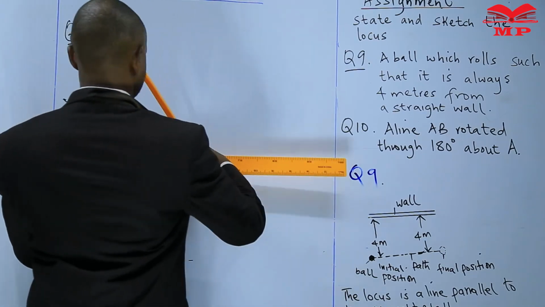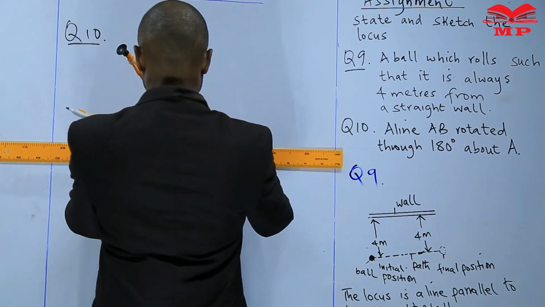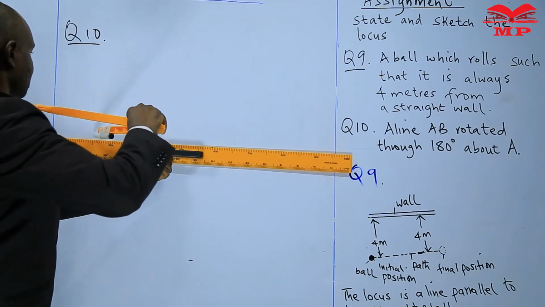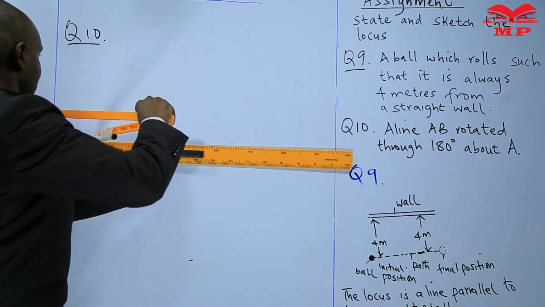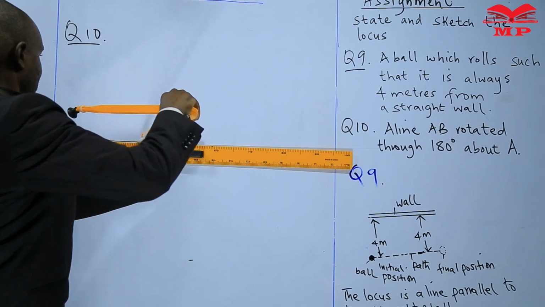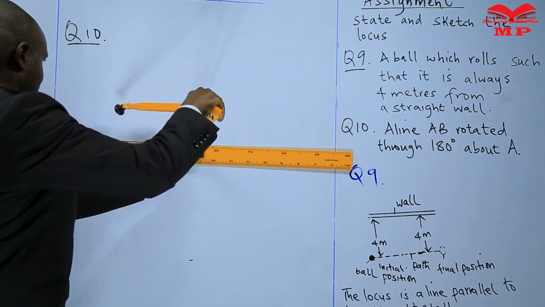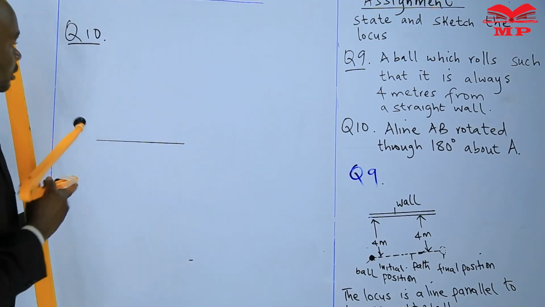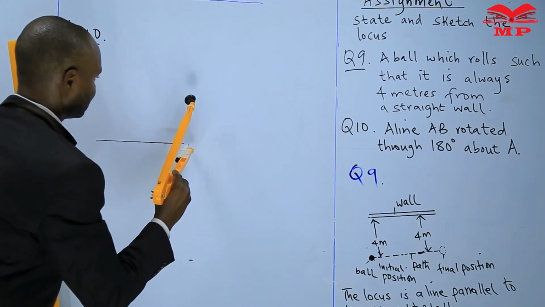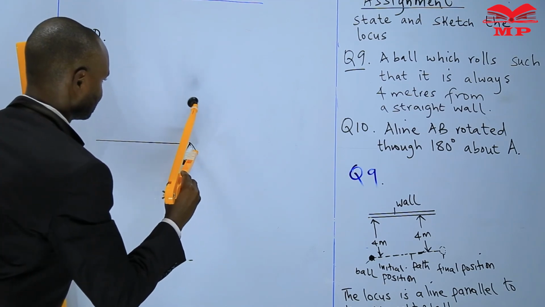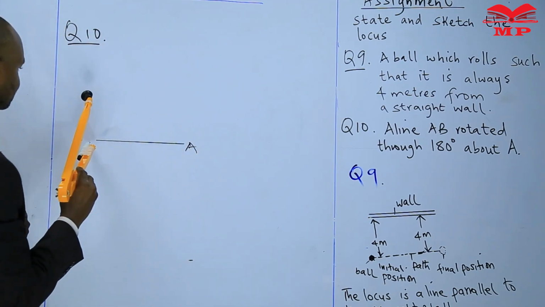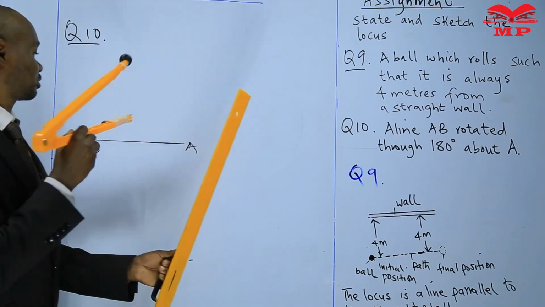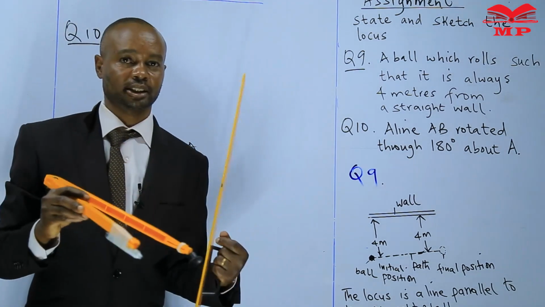You can draw that. So you have point A, point B. If you look at it very well, it is the line being rotated.